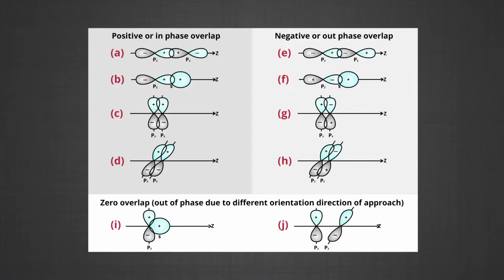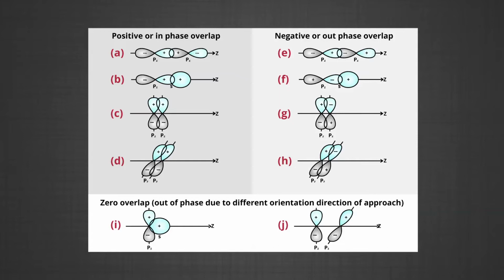When the orbitals of two atoms come close to form a bond, their overlap may be positive, negative or 0, depending upon the sign, that is the phase, and direction of orientation of the amplitude of the orbital wave function in space. The figure will show you the positive and the negative overlap.